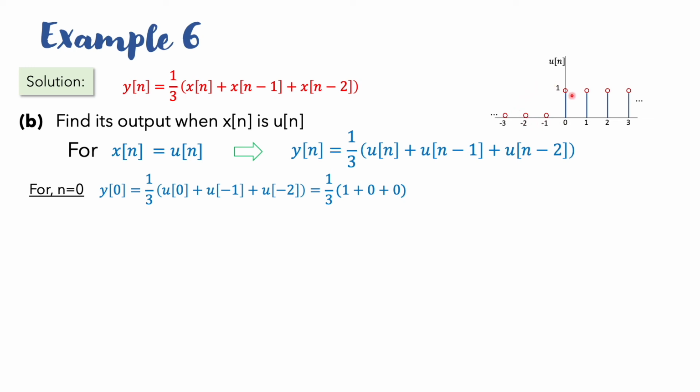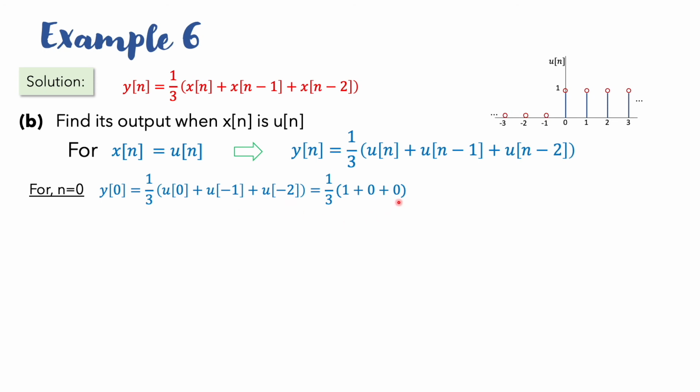It takes the values of these three samples and finds their average. The value of u of 0 is 1, and u of minus 1 is 0, and u of minus 2 is also 0.